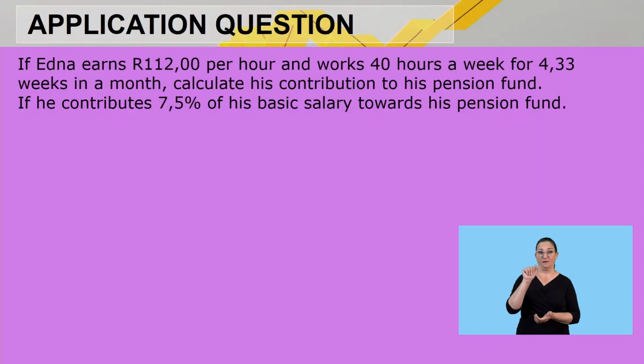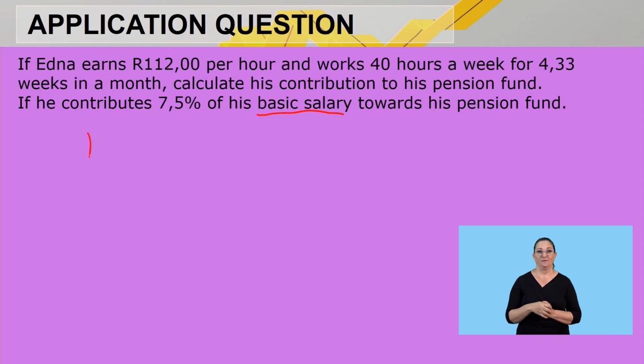If Edna earns 112 Rand per hour and works 40 hours a week for 4,33 weeks in a month, calculate his contribution to his pension fund. Now remember, he contributes 7.5% of his basic salary towards his pension fund. The first thing that we're going to do is calculate the basic salary.